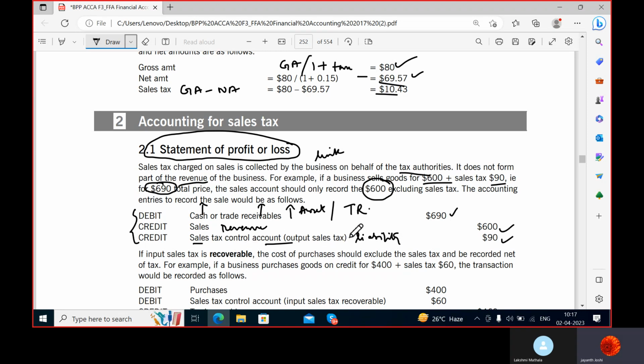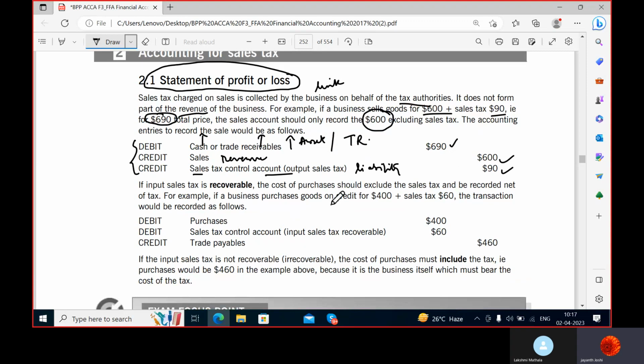Now, if input sales tax is recoverable, the cost of purchase should exclude the sales tax and be recorded net of tax. So this was a sales element, when the business is selling goods and collecting tax. Now, when the business is purchasing goods and paying tax, suppose they are purchasing goods on credit for $400.